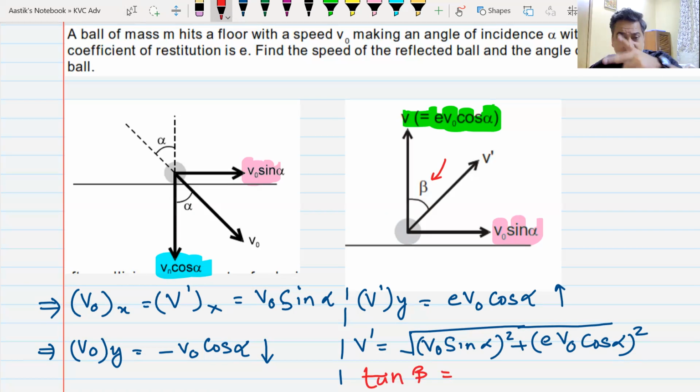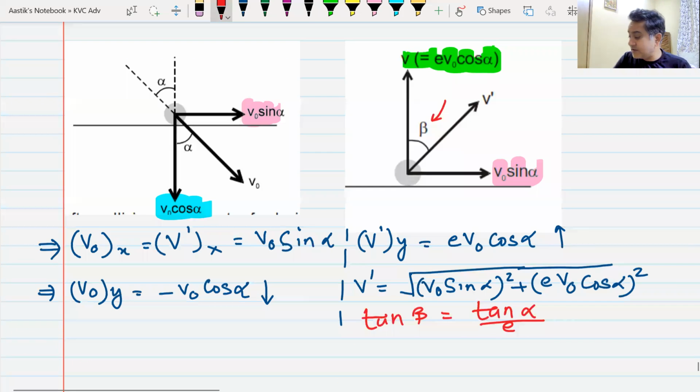You divide the horizontal component by the vertical component. It will come as tan of alpha, the falling angle, divided by E, the coefficient of restitution. Do we understand this?